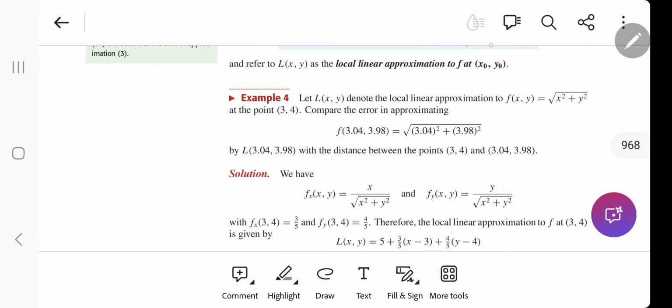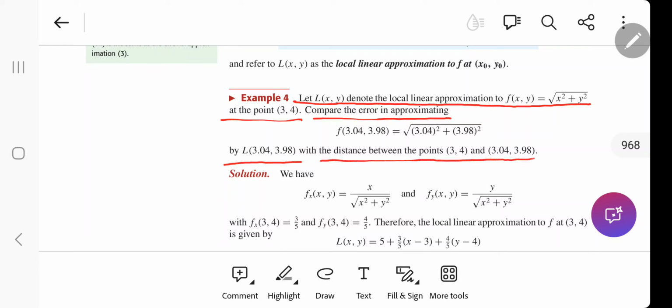There is a problem here. Let L of x, y denote the local linear approximation of this function, root of x square plus y square, at 3, 4. You want to find that one. We want to find that L of x, y and compare the error in approximating f of 3.04 comma 3.98 by L of 3.04 comma 3.98 with the distance between the points.